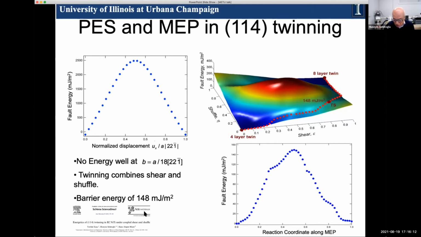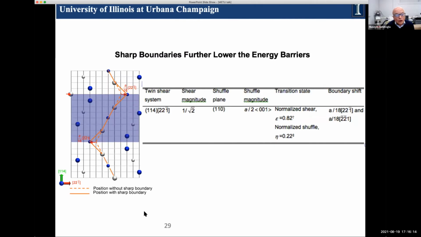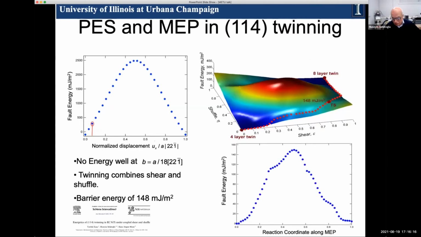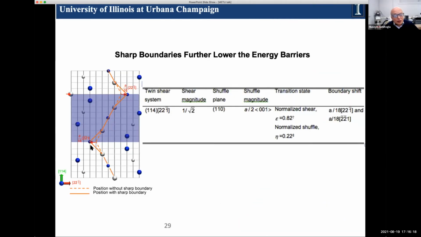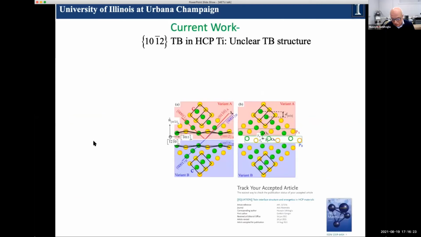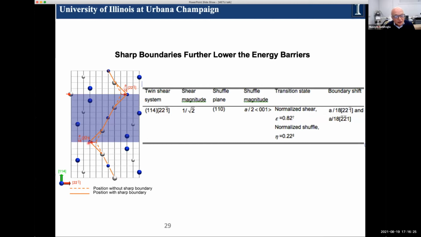The other complication, excuse me, is what's called this sharp boundary here. You see, this would be a reflective boundary, but if this atom that's supposed to be here stays there, the energy is higher.